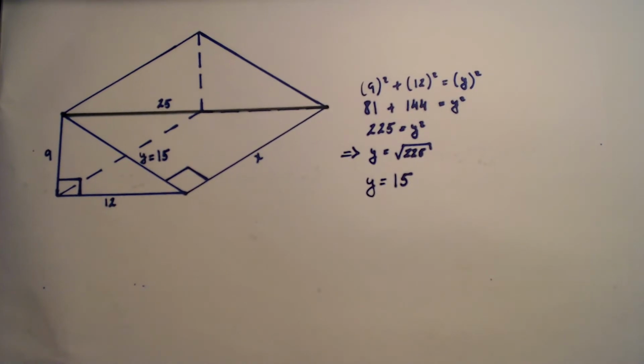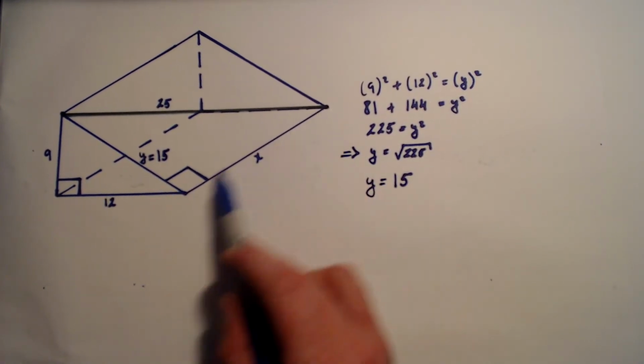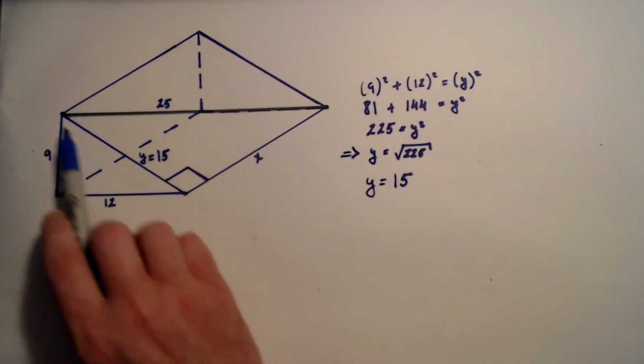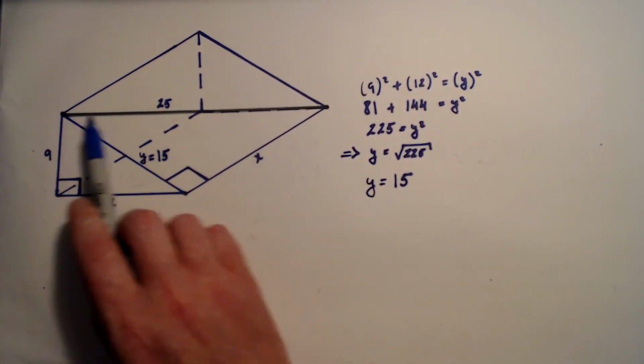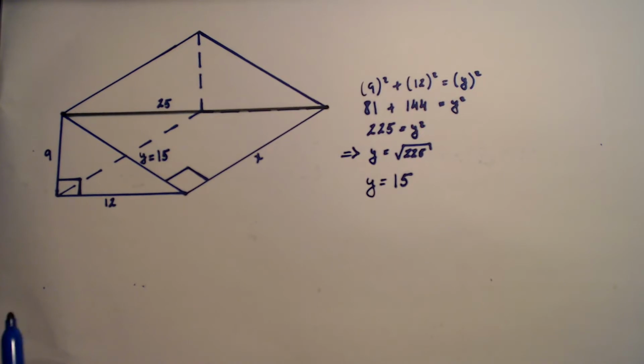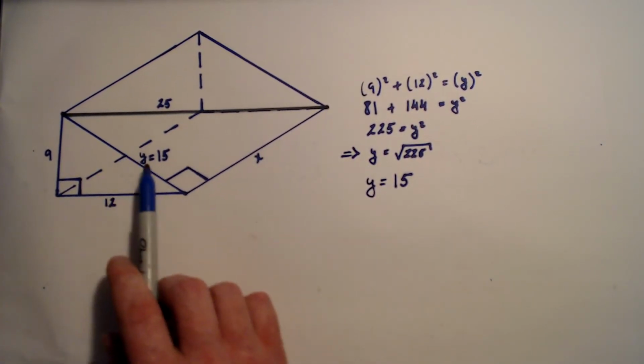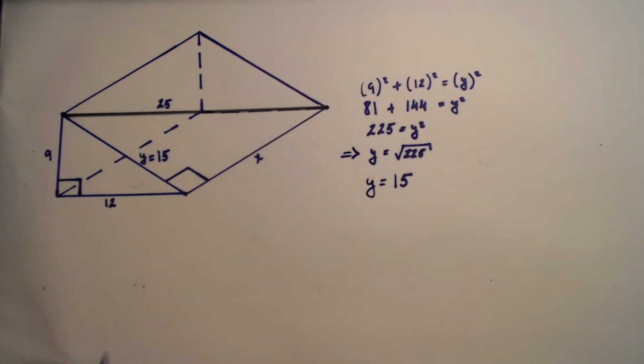Okay, it remains to just solve for this distance x. I have a right angle triangle, and now I have 2 sides. I know one side length is 25, that's the long side, and I know I have this side length 15, so I can solve for x.